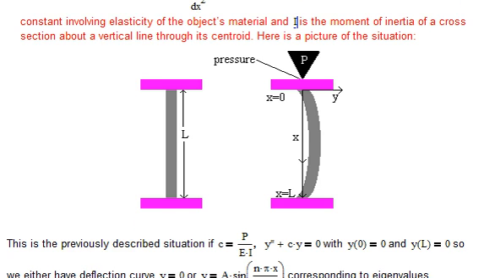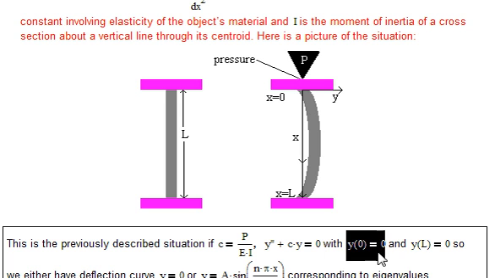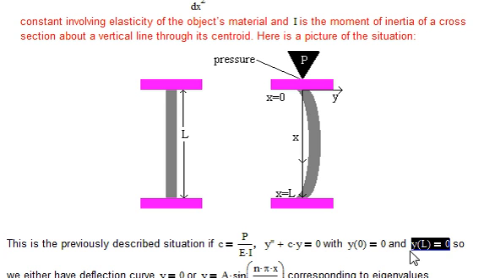This is the previously described situation if C equals P over E times I. So then y double prime plus Cy is equal to 0 with our boundary conditions as stated.